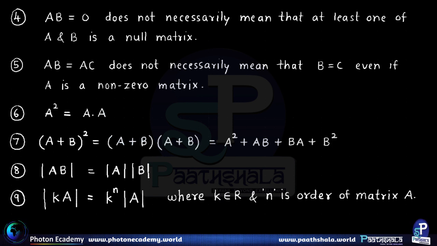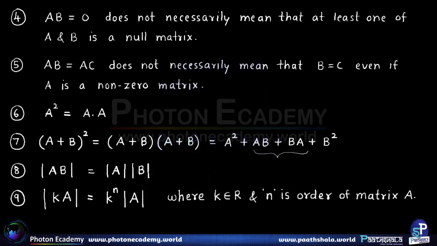But here, since the products AB and BA need not be the same in general, the middle term cannot be just clubbed together as AB plus BA equals 2AB. Therefore we have to keep these two terms AB and BA separate in general. Of course, if they are given to be the same, then we can club AB plus BA together, but otherwise not.